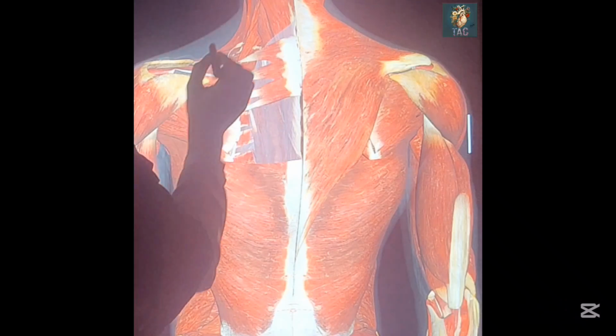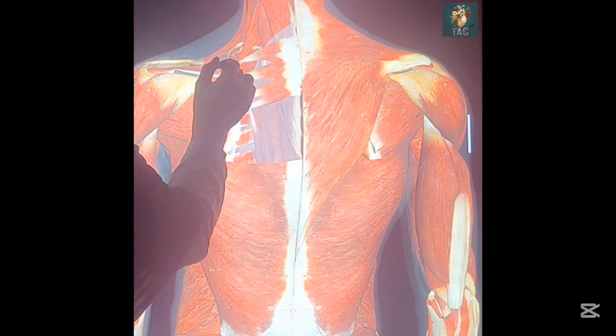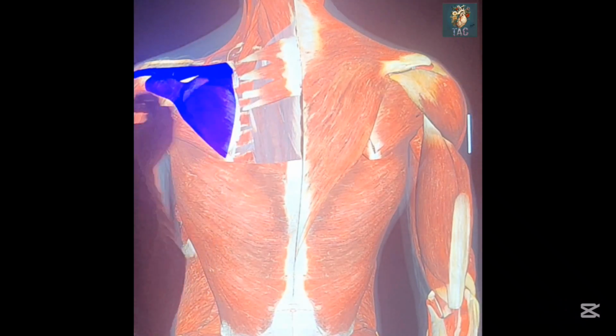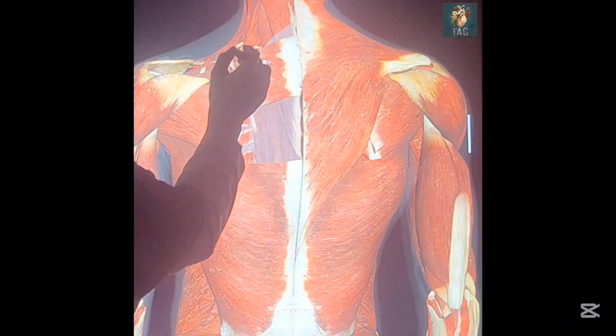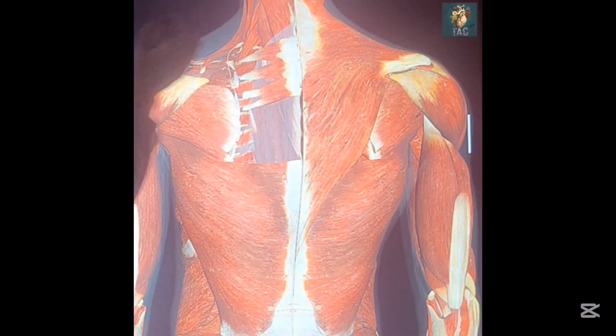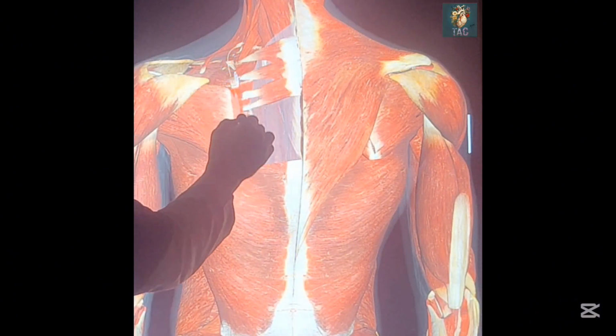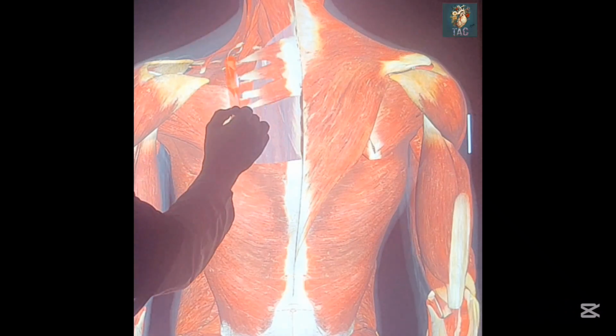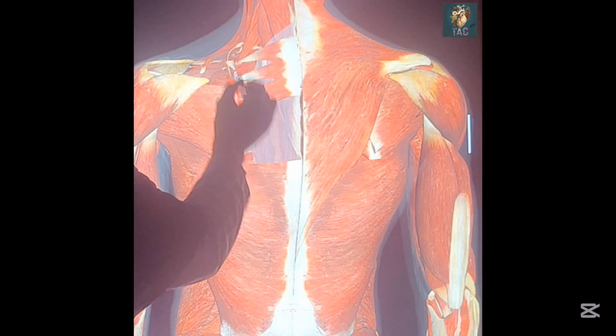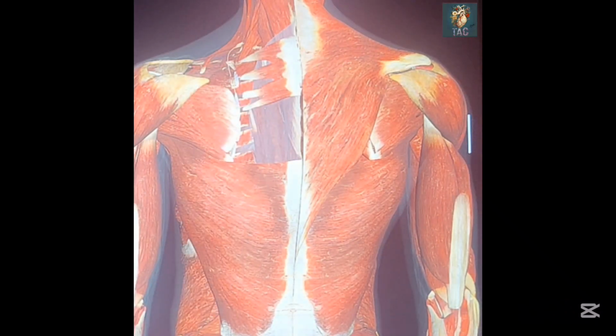While we cut these muscles, you can see over here the dorsal scapular nerve traveling, and this nerve supplies the levator scapulae, the rhomboides minor and the rhomboides major muscle.